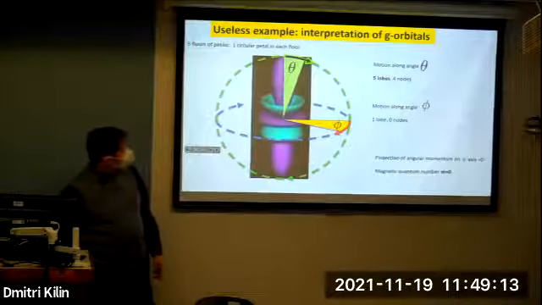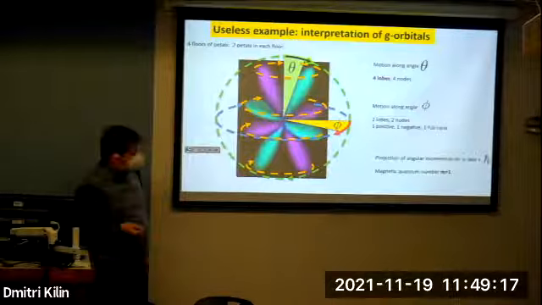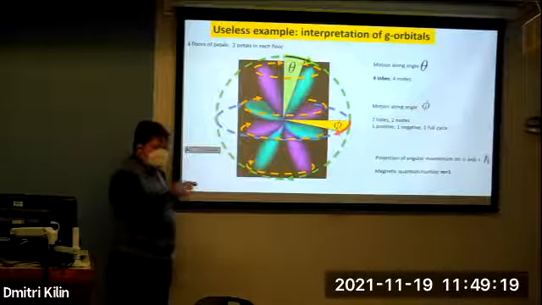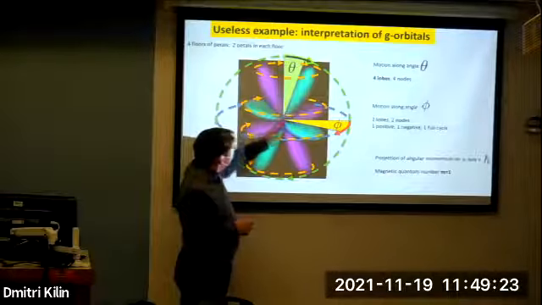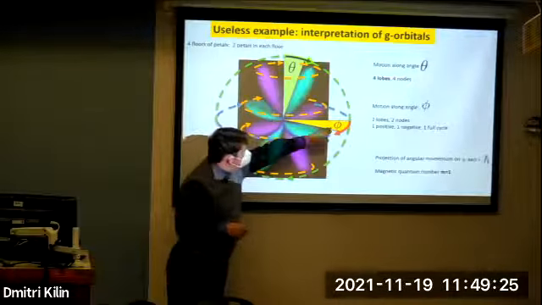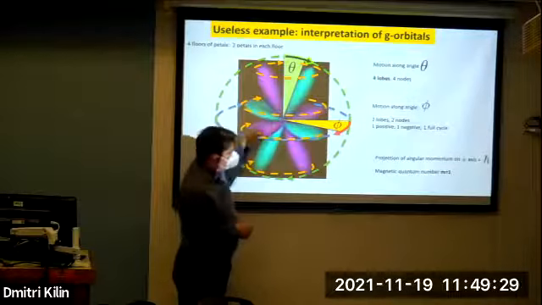If we keep the same angular momentum, but get an increase in magnetic quantum number, in addition to the structure, it gets a nodal plane in this XY plane, right? Plus, minus, plus, minus.